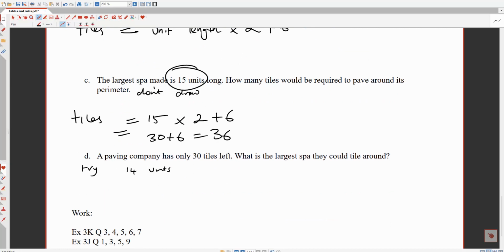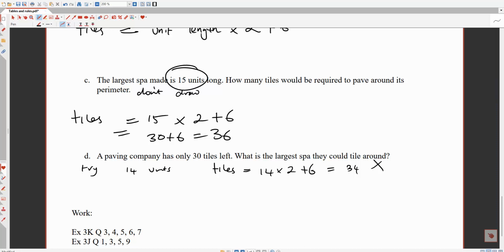Just one less, because this is going to be 36, and I suspect we might get it right if we do 14. Let's just see how we go. So I'm going to say tiles equals 14 times 2 plus 6. Now that's 28 plus 6 is 34. This doesn't work. Okay, so that would use 34 tiles.